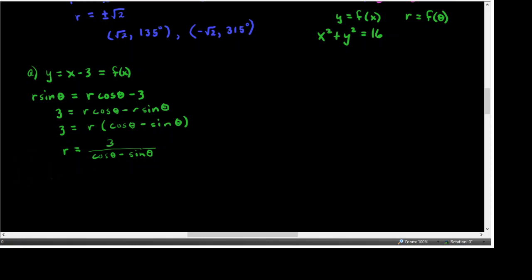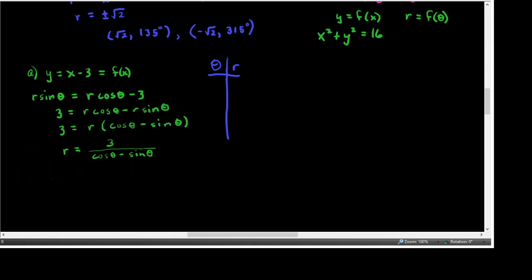Now, if I asked you to graph this equation, r equals 3 over cosine theta minus sine theta, if you don't have any kind of graphing technology, you're probably going to flip your lid a little bit because you're thinking, oh my gosh, how would I do that? But when you're trying to graph a polar equation, technically what we're supposed to do is make up a bunch of thetas, calculate r values, and plot a whole bunch of them until we see what's going on.